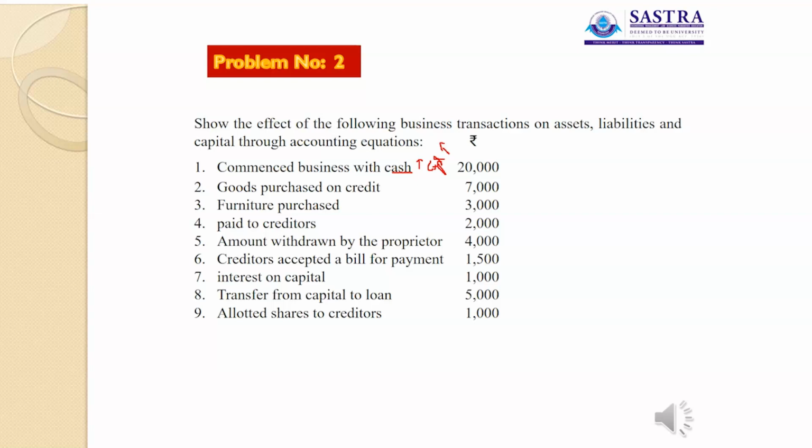Then goods purchased on credit. Next transaction is goods purchased on credit. What are the accounts involved here? One is purchase account and another one is creditors account.